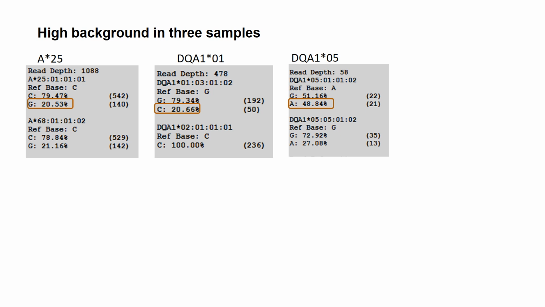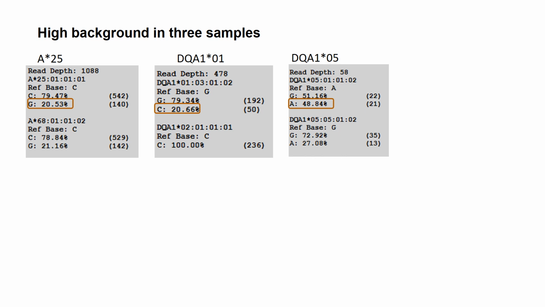For A*25, there were almost 20% false calls, but you have 542 depth of read, sufficient to give you the right call. So we still have the ability to call it A*25.